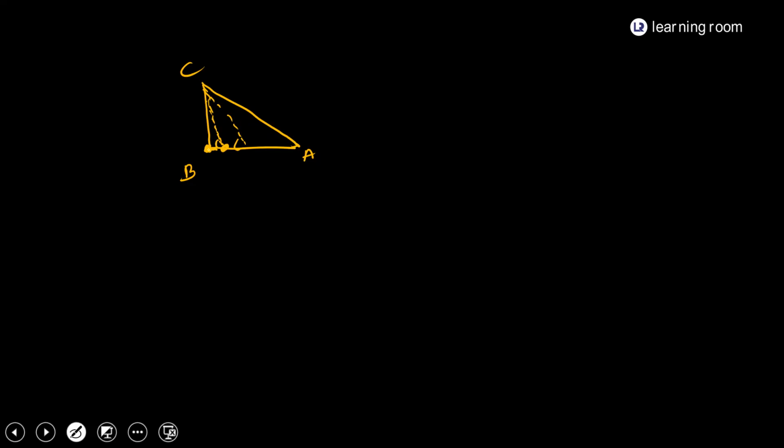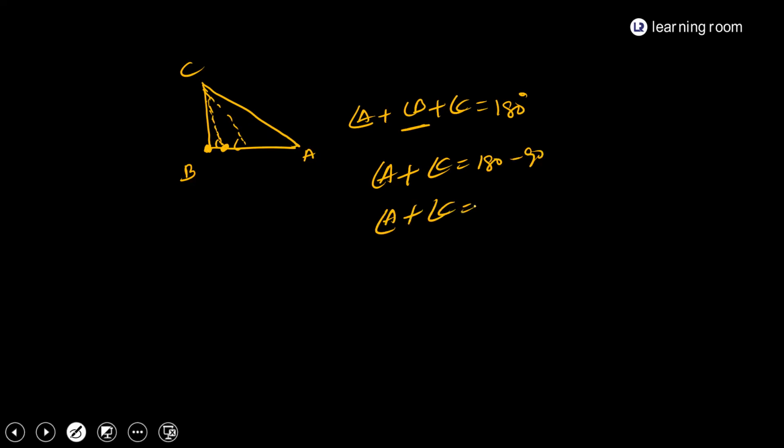Angle A plus angle B plus angle C is equal to 180, and here angle B is already fixed at 90. So angle A plus angle C equals 180 minus 90, which is 90. So if angle A keeps on increasing, then angle C must reduce to keep the sum the same.